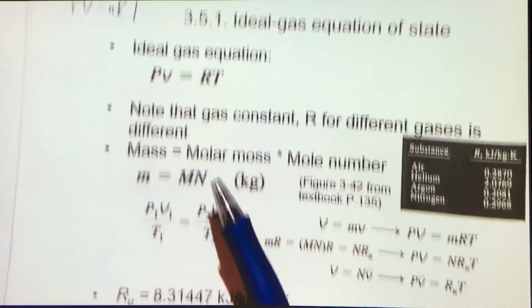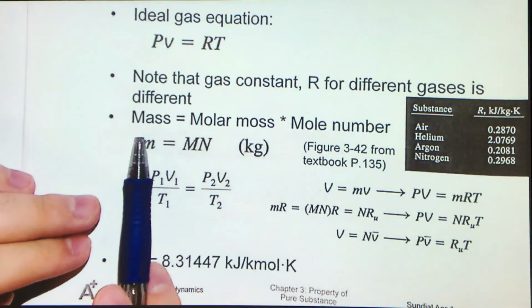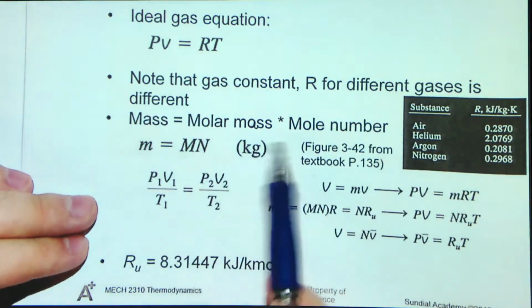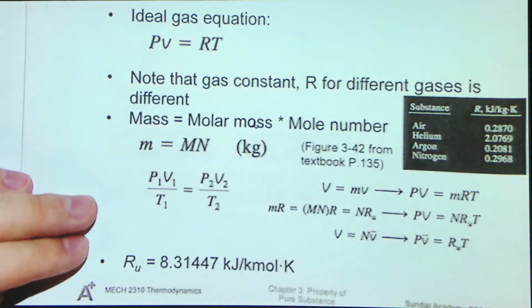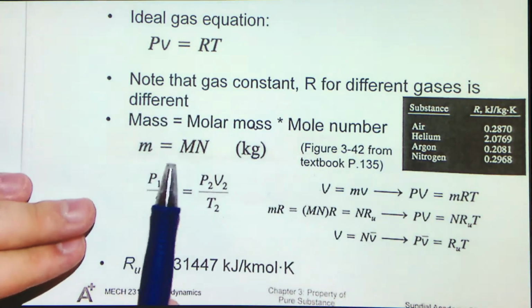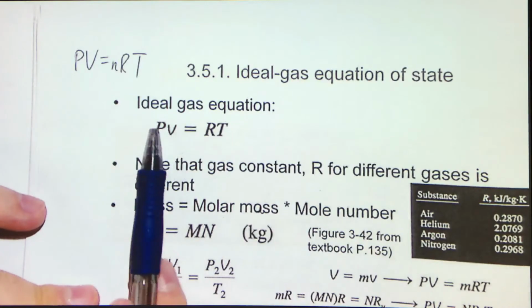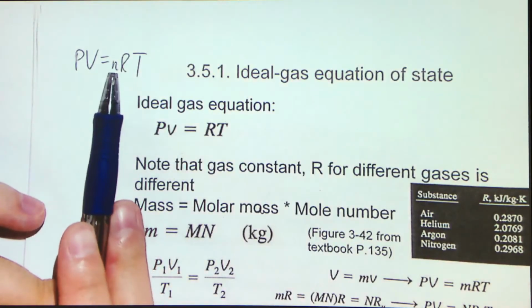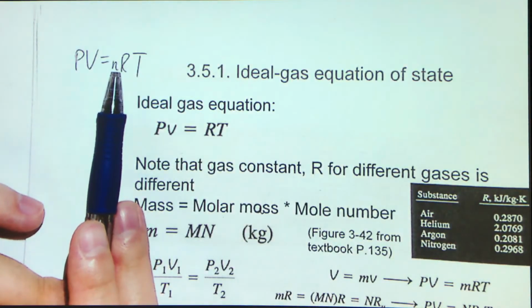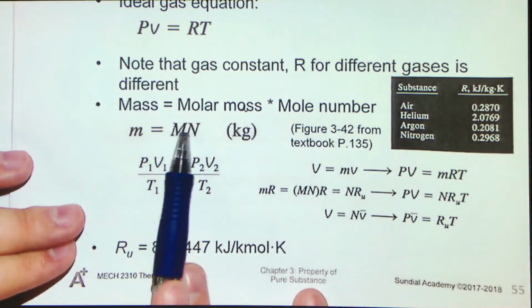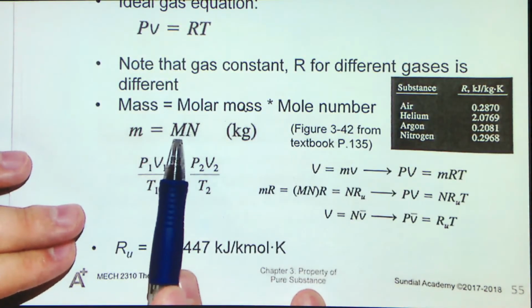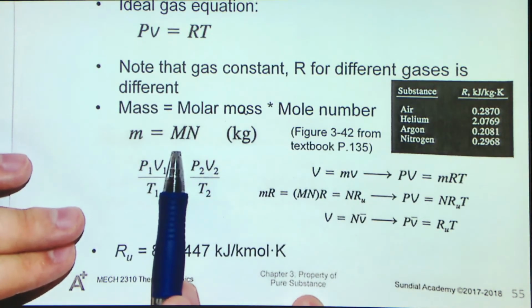Note that the mass will be equal to the molar mass multiplied by the number of moles, or we just write it as m equal to M times N. In your previous version, we also wrote n as a small letter, but in this case, we will write it as a big letter N. And this big letter M is the molar mass, the mass of 1 mole.